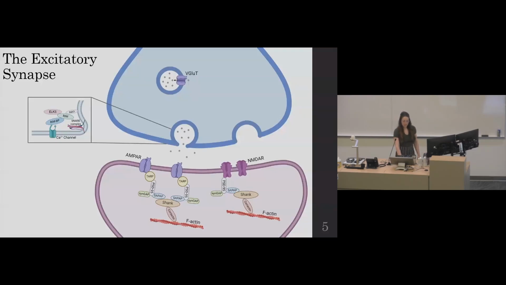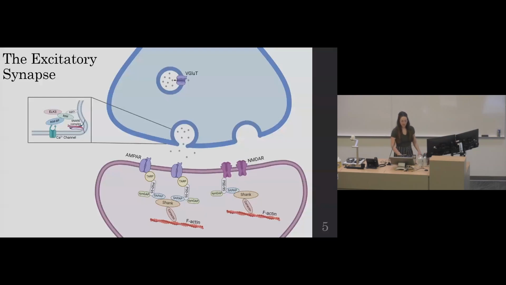Once glutamate is released into the synaptic cleft, it binds with receptors on the postsynaptic cell, and the postsynaptic site also contains the postsynaptic density, where many signaling and scaffolding proteins that are important in the function of the synapse are located.